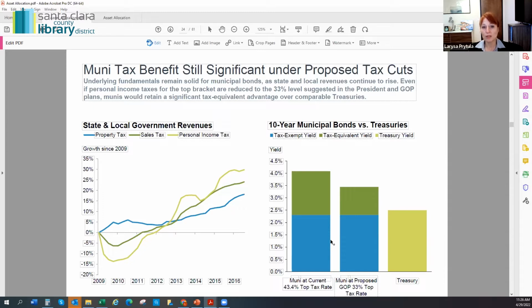Plus, California received a lot of support from the federal government after COVID, and the credit quality of its bonds has increased dramatically in the last couple of years. So the default rate in municipal bonds is extremely low, which means once we buy municipal bonds, we have a higher chance of not losing the money versus corporate bonds.